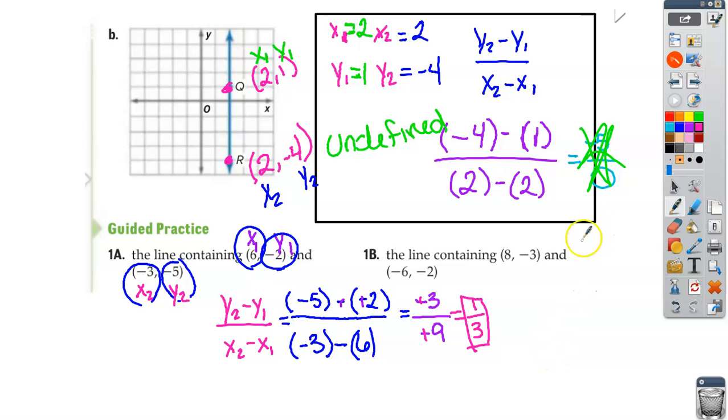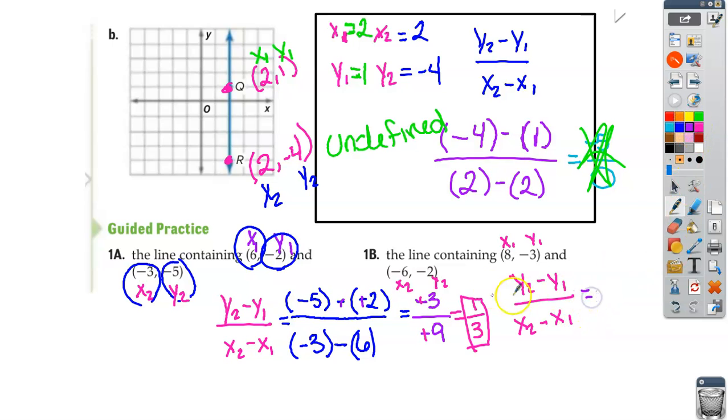Okay, and let's do the second one. Again, we've got 2 points. We're going to call one x1, y1, x2, y2. Let's plug them into our equation. y2 minus y1 over x2 minus x1.